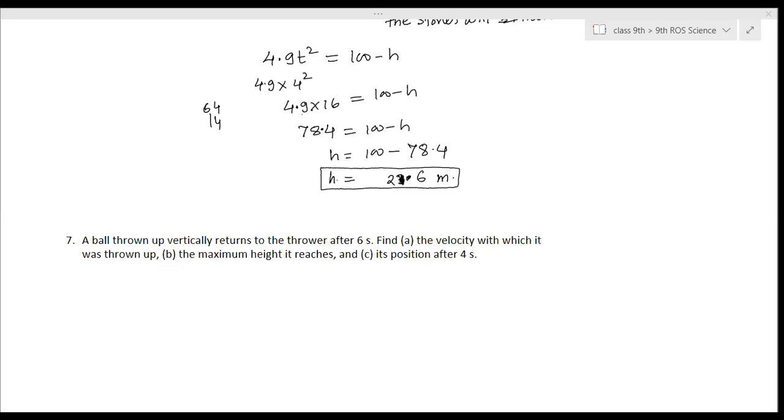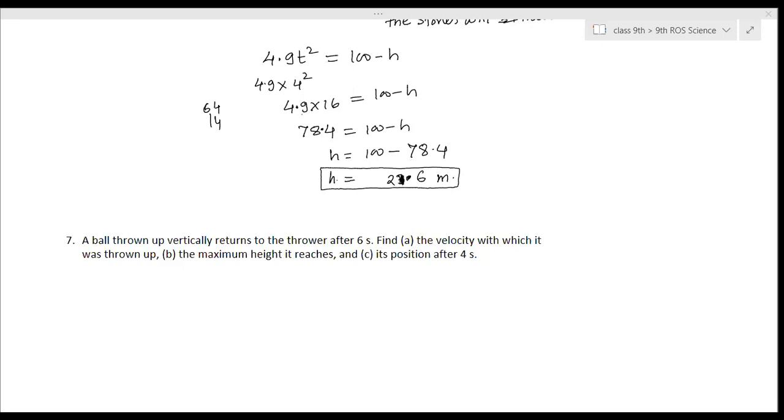Yes, ma'am, sign mistake. Ma'am, is the maximum height 48.1 meters? 44.1.